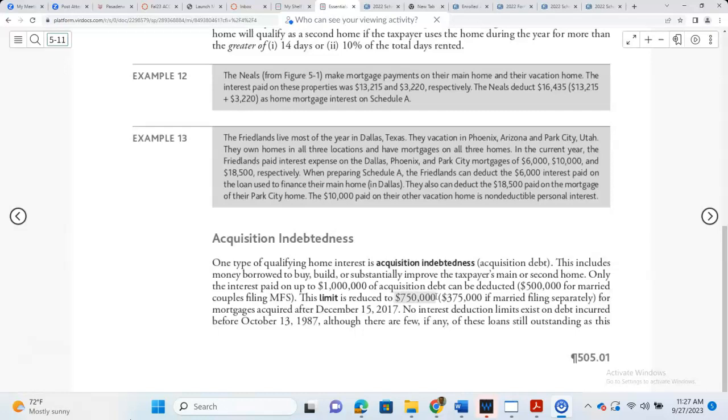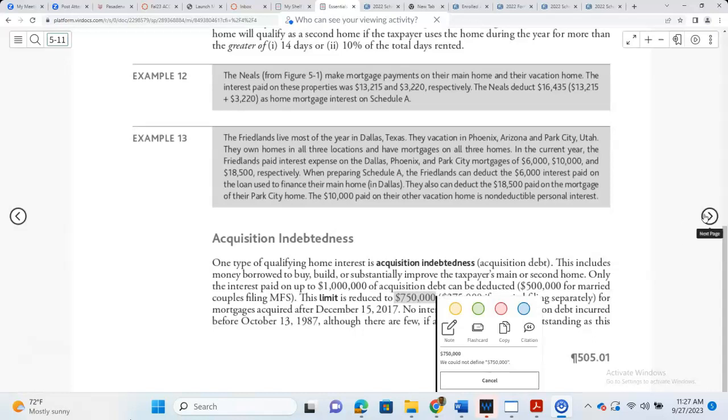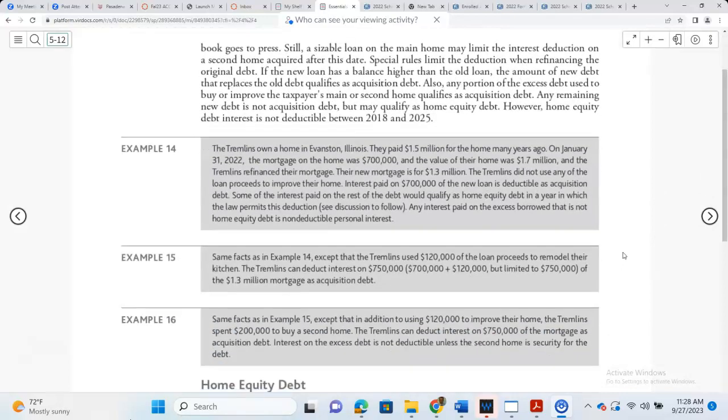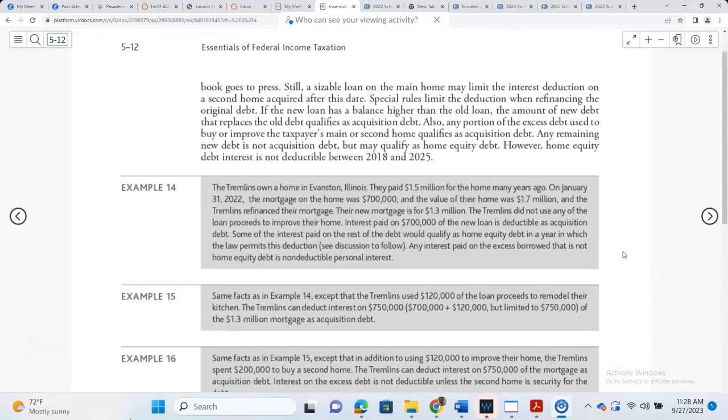If it is before that, a $1 million limitation. Make sense? So let's say the house mortgage is $2 million and they bought it before 2017, you cannot deduct the whole interest. You have to divide it by 2 because 1 million is the maximum. Okay, are we good so far? So let's hold on to this point.